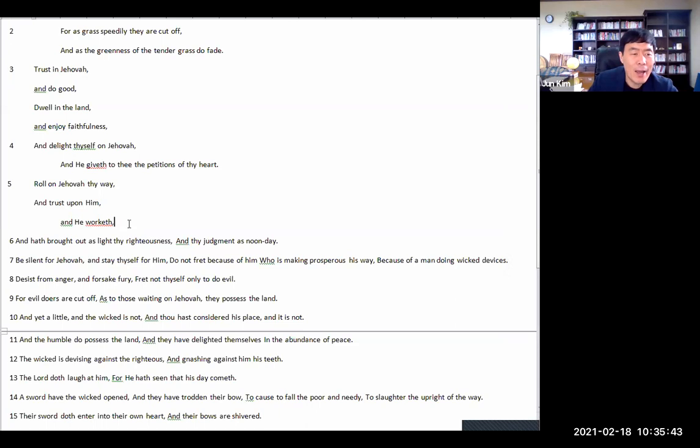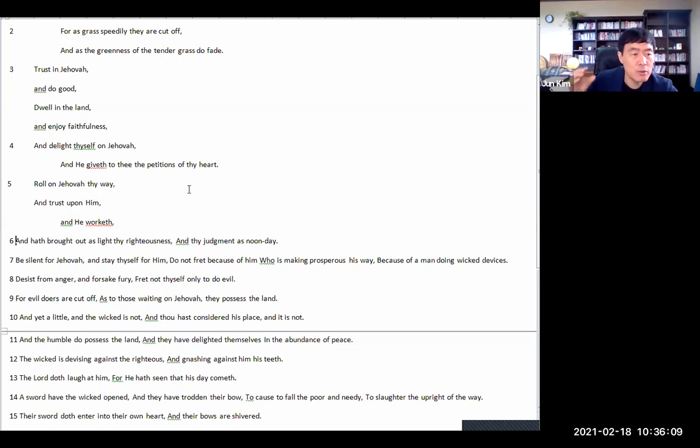Okay, so I think, and he works what? What is following in verse 6 is referring to what he works for. So I need to say this belongs to the third level.